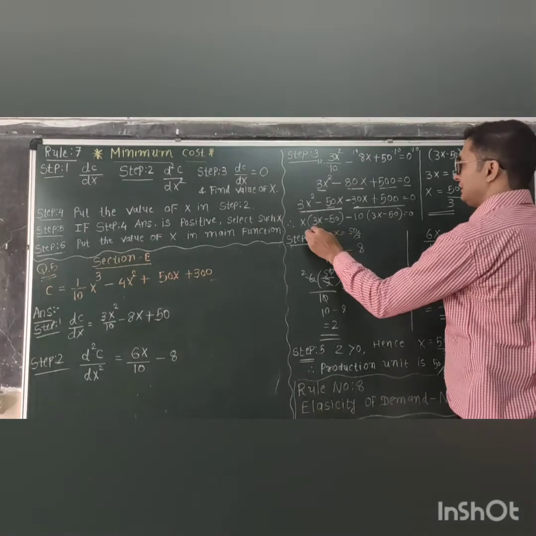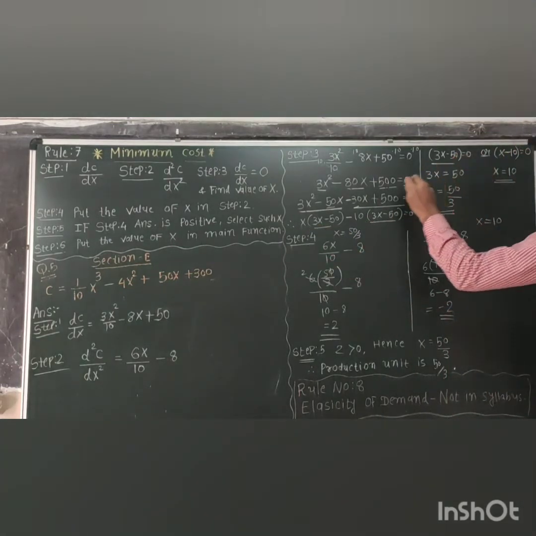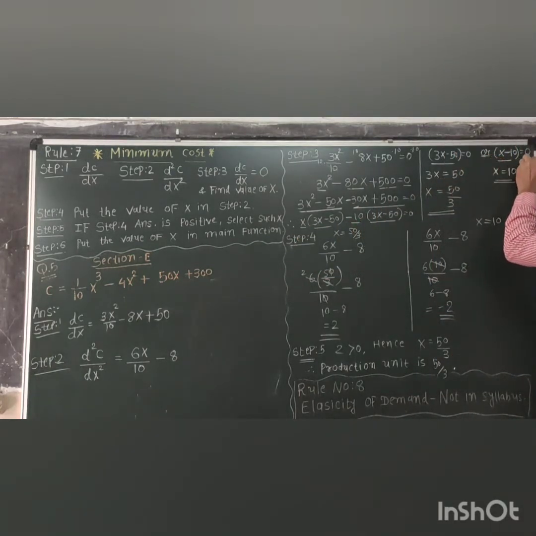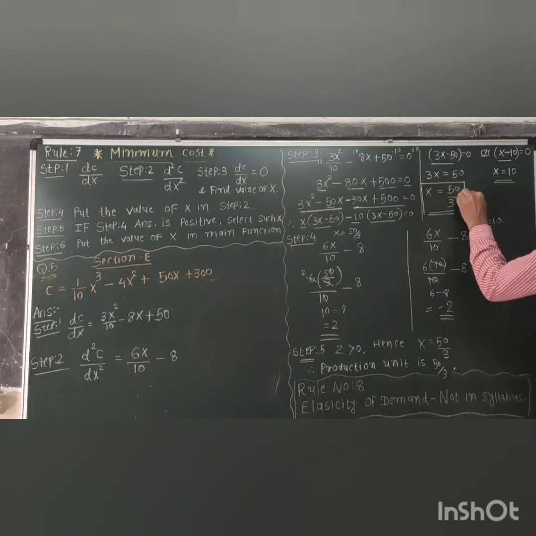Now 3x minus 50 in one bracket is equal to 0, and x minus 10 in another bracket is equal to 0. Now find the value of x. Minus 50 goes to the opposite side, it is plus 50, and 3 goes into the denominator. So x is equal to 50 by 3.